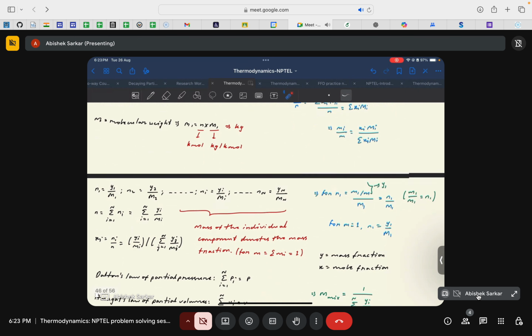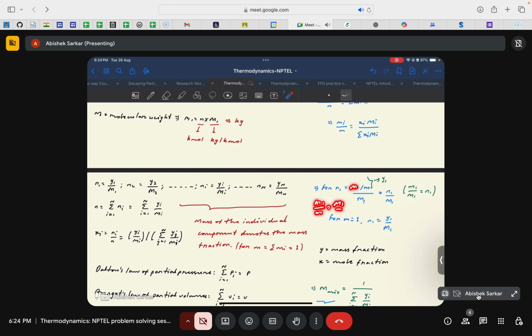Now if you divide this small m1 by small m, that is the total mass m, considering that m is equal to 1, then m1 divided by m, or m1 divided by 1, will directly give you m1. So it's just a simple manipulation. Considering that m is equal to 1, we can write n1 to be equal to y1 by capital M1. It's just a numerical manipulation used to represent it in that manner.